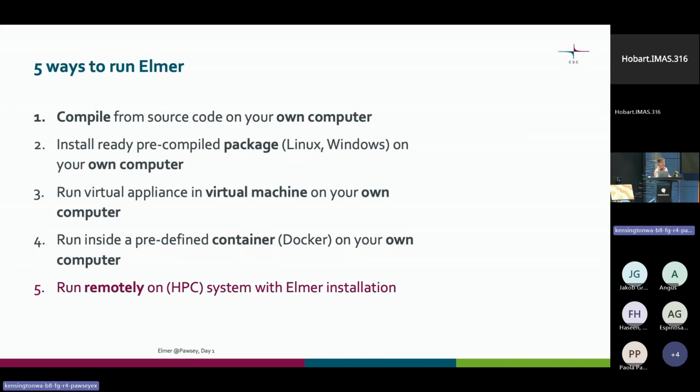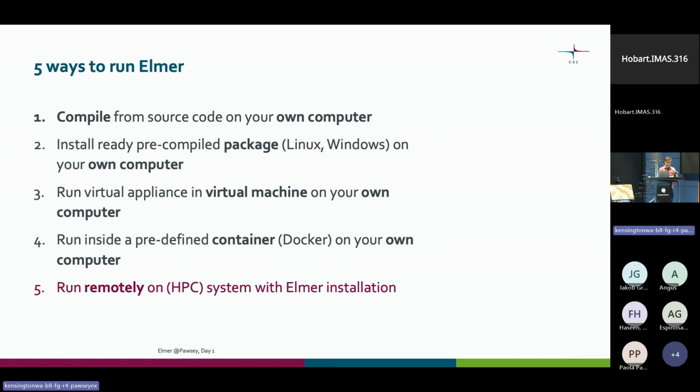Pre-compiled packages there are on Linux and Windows. Linux would be basically Ubuntu. You can run an appliance which we regularly provide for courses and is downloadable without any warranties taken, of course. I think I based it on Ubuntu actually, 22 LTS from our platform. I'll show you later. You can run it in a predefined container.